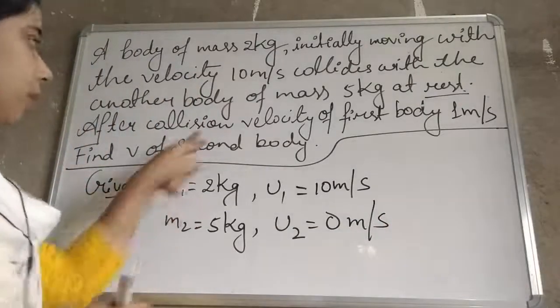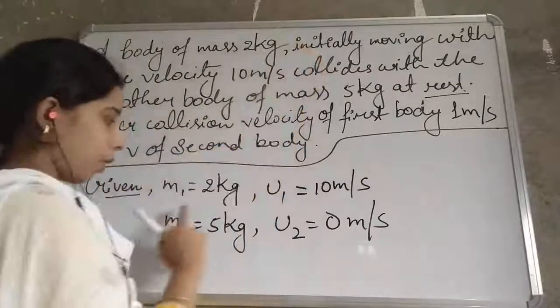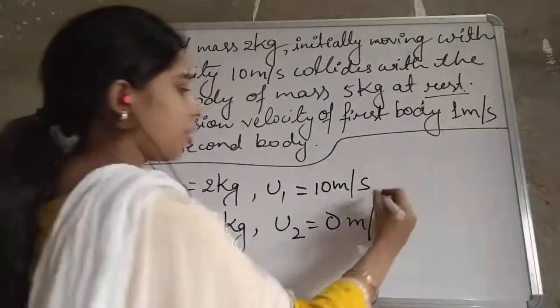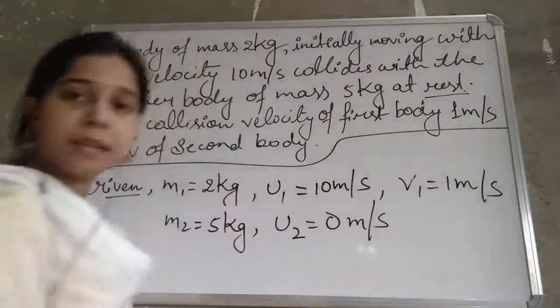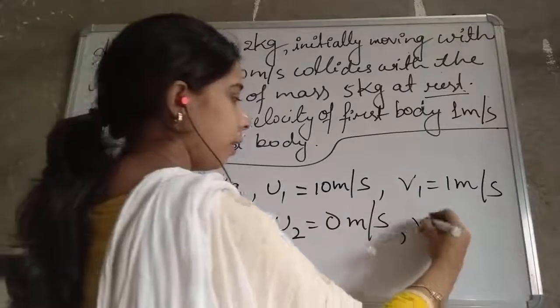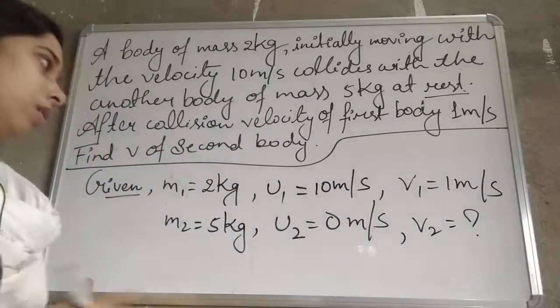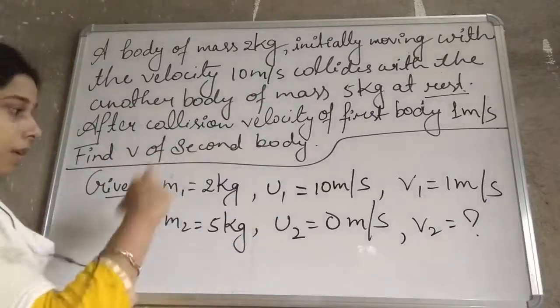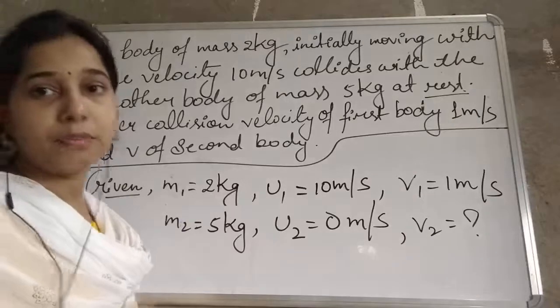After collision, the velocity of the first body, m1, changes to 1 meter per second. We have to find the velocity of the second one. So m1, m2, u1, u2, v1 are given, and we have to find v2.